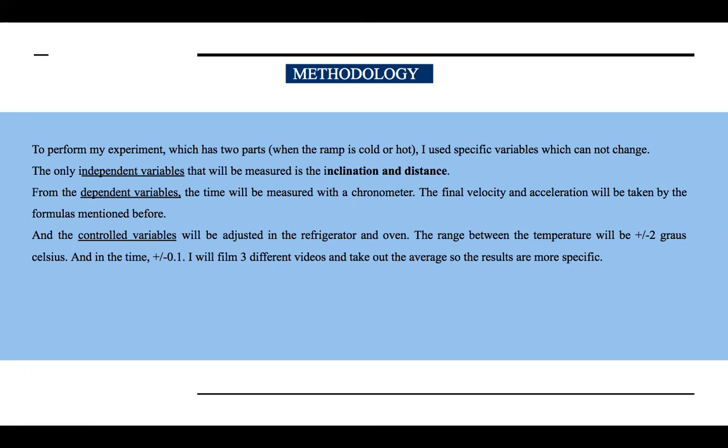Then the dependent variables: the time was measured with a chronometer, the final velocity and acceleration were taken with the formulas mentioned before, and the control variables I adjusted in the refrigerator and oven. The range of the temperature was plus or minus 2 degrees Celsius, and in the time was plus or minus 0.1. And I filmed 3 different videos and took the average, so the result was more specific.